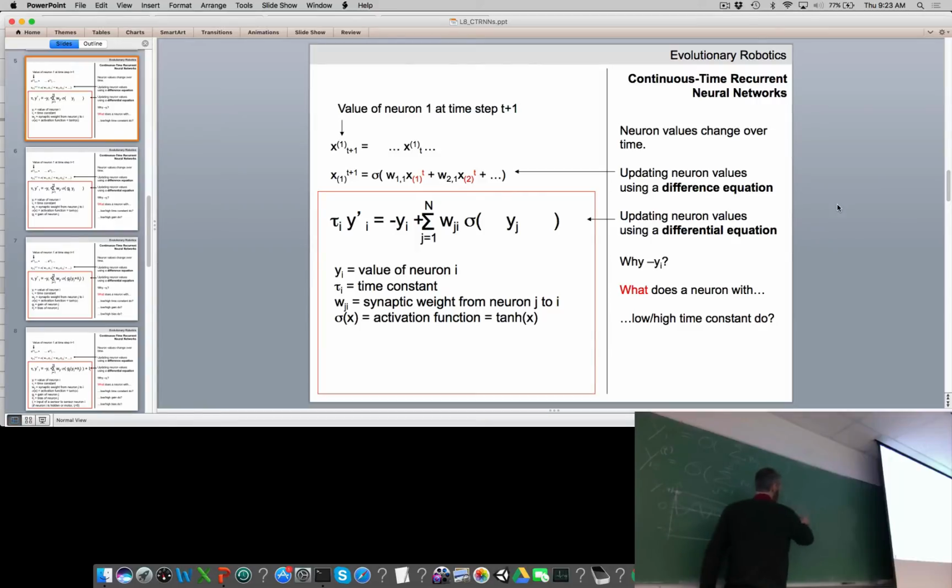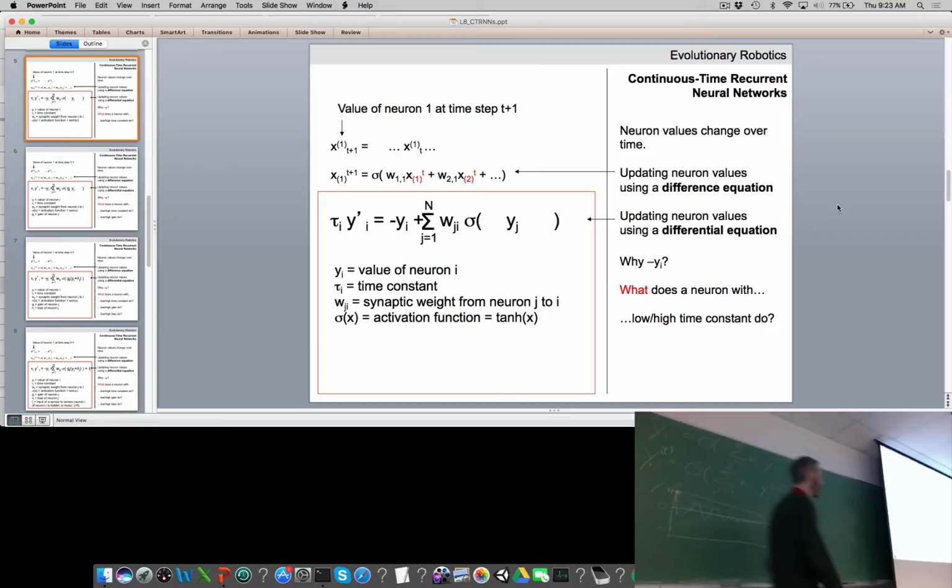So I'm going to draw it in the following way. We have a neuron, and inside that neuron is a number, which is y sub i. And again, this might be a very large, or very positive, or very negative number. But whenever this neuron emits a value, so either it sends a value out along its synapse to another neuron, or it outputs its value to a motor, because it's a motor neuron, whenever we request the output value of this, then we're going to squash it by the activation function.